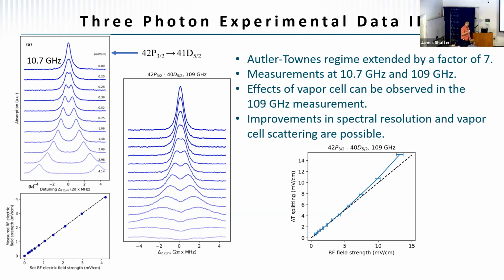That's because the vapor cell is actually reflecting part of the signal that's coming in, creating standing waves and perturbations inside the vapor cell. If you remember back to my first talk, one of the motivations for this is from metrology, and of course this is not good for metrology. You don't want the sensor to disturb the field.